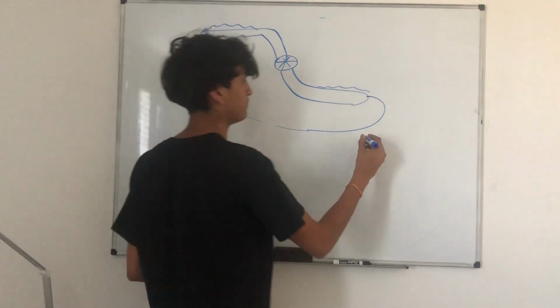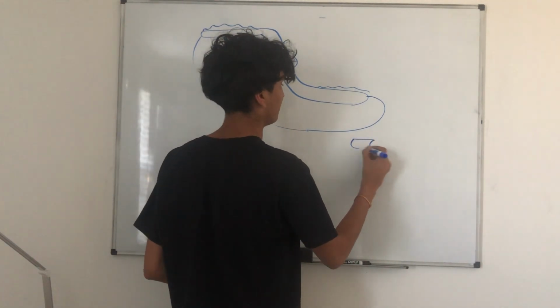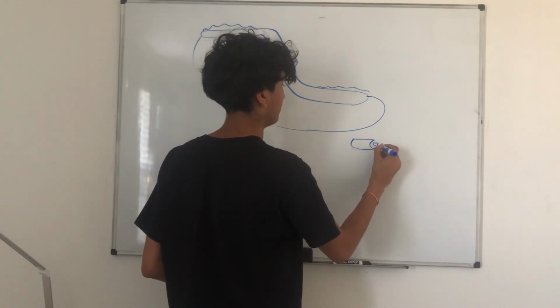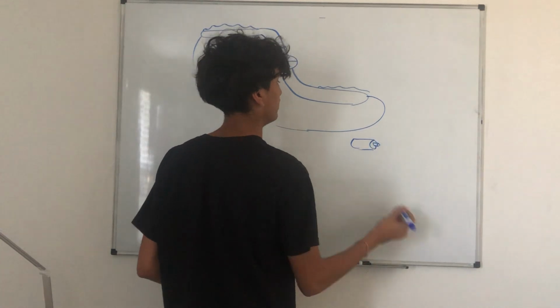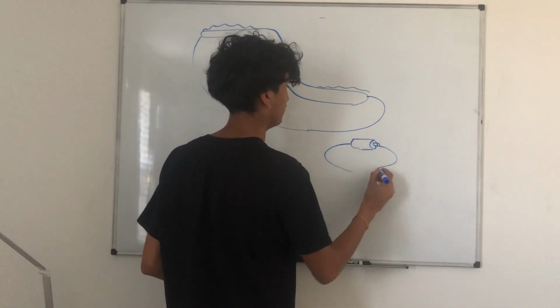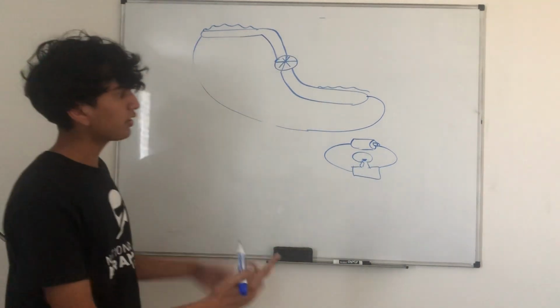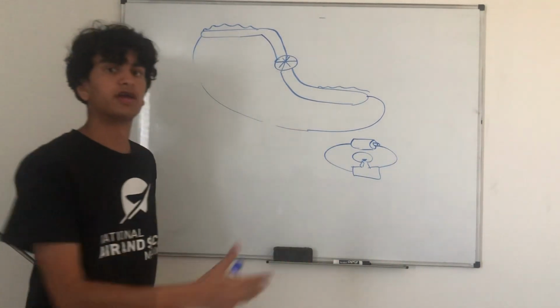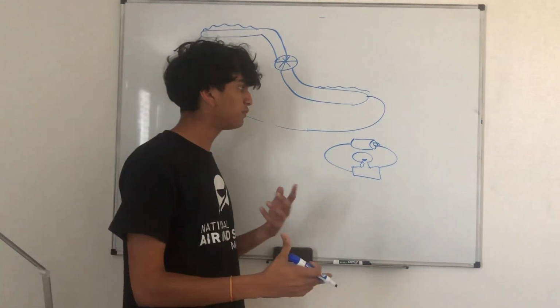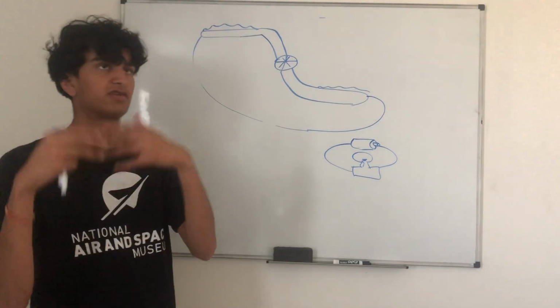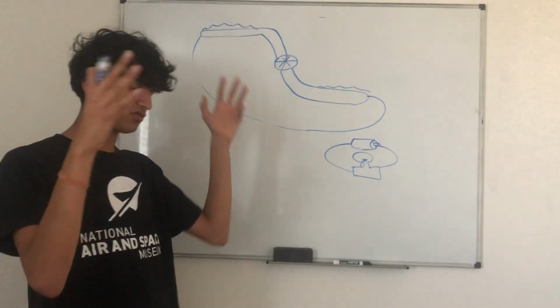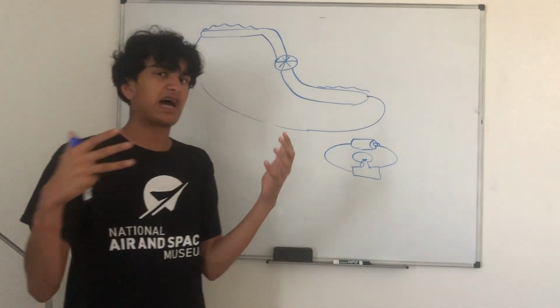If I have a battery, I'm going to draw my terrible battery. But if I have a battery, and I hook up some wires, and I've got a light bulb, right? The current flowing through this thing isn't being used up. It's the energy, the voltage, the potential difference that's being used up.